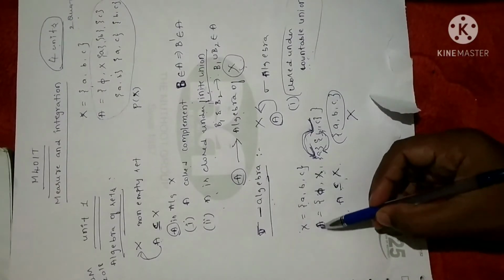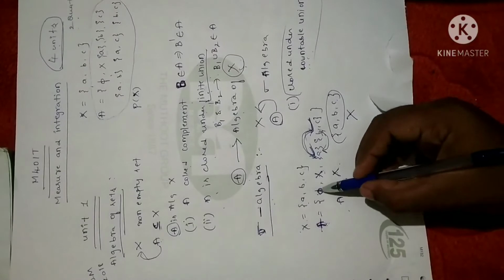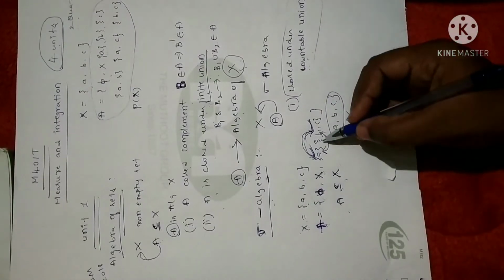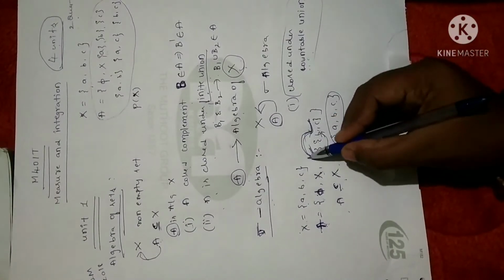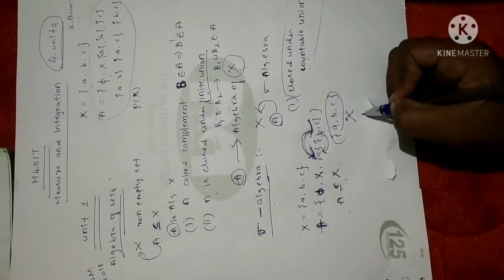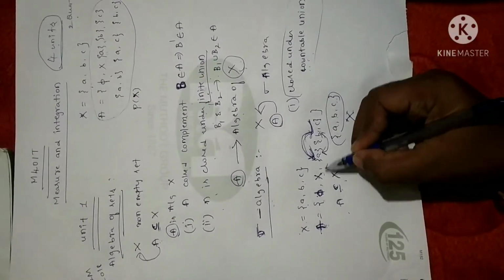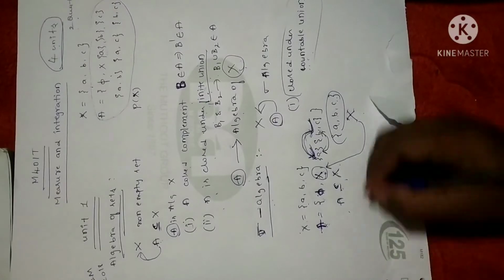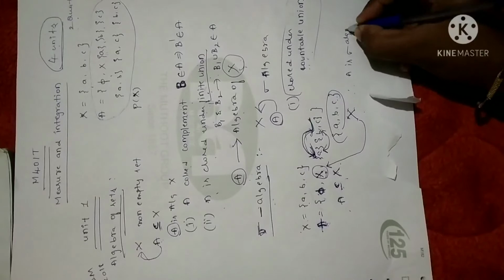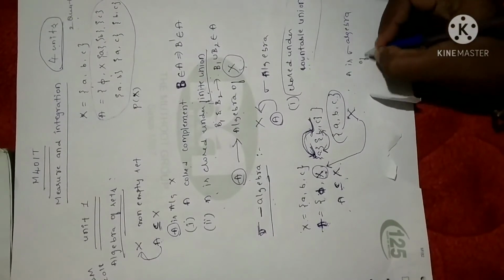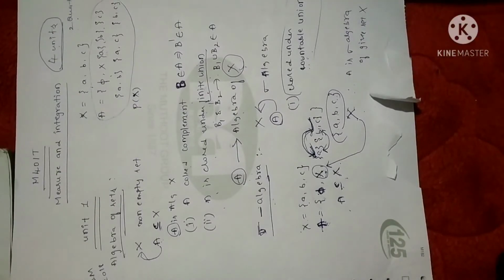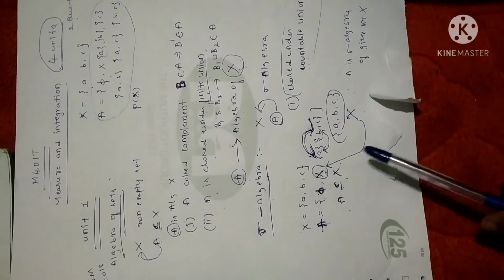Now I have constructed a subset A of set X which contains elements like this. If you take the union of these two sets, you will get ABC. ABC is none other than the given set X, which is again in the given subset. Therefore, we can say A is a sigma algebra. A is a sigma algebra of the given set X. Is this clear now? I hope it is clear for you.